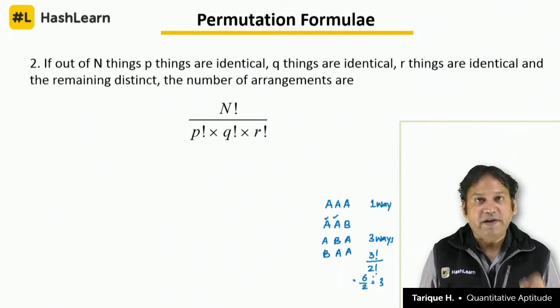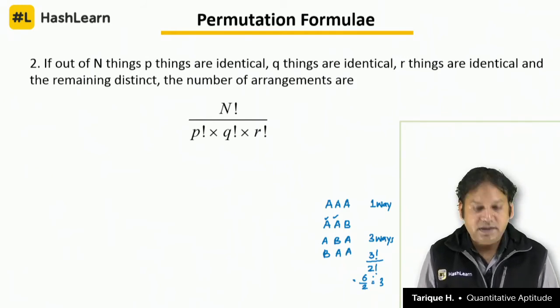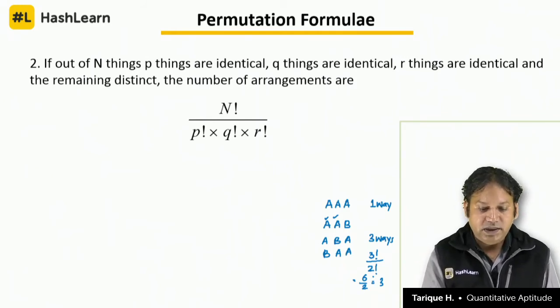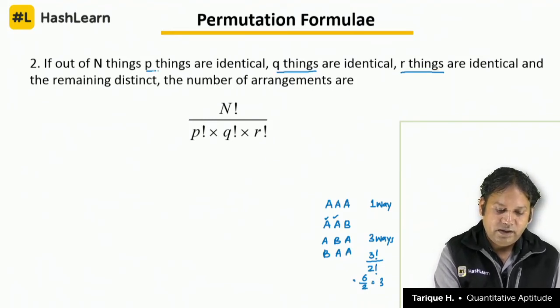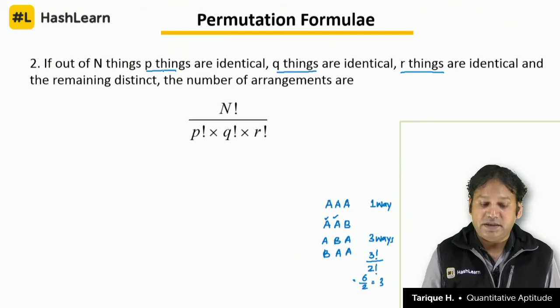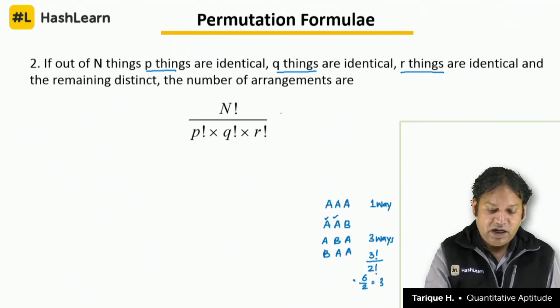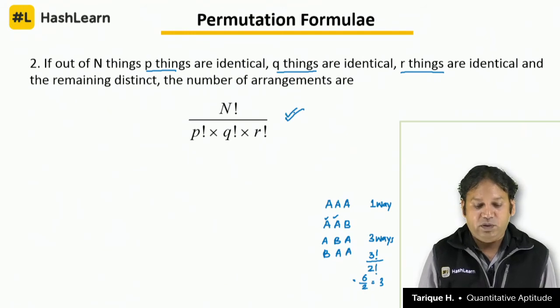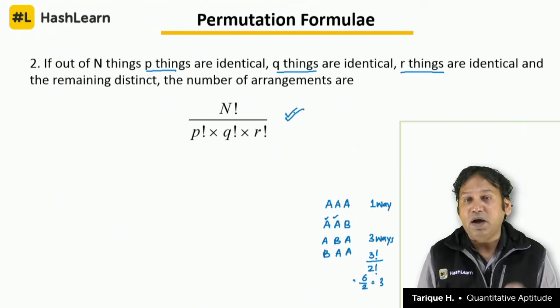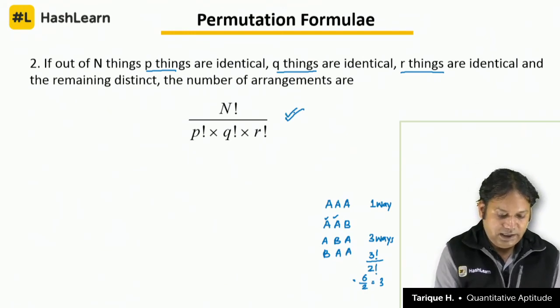So, if out of n things, p things are identical, q things are identical and r things are identical, and the remaining distinct, the number of arrangements are given by this formula: n factorial by p factorial into q factorial into r factorial. Let us take an example question.